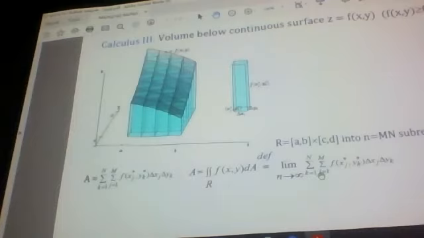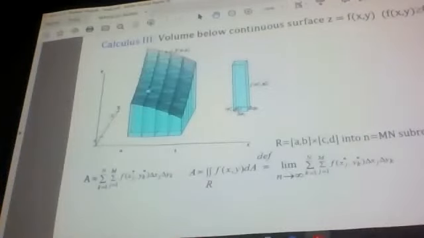No matter how you break up the partition, as long as the width in both the x and y direction is going to 0 as the number of rectangles goes to infinity, you get the same number for continuous functions and almost continuous functions. Some other ones, they can break into pieces, for instance. Since that's a significant quantity, you get the same number no matter what, and you can circumscribe and inscribe and get the same number. We ought to call that the volume below the surface, just because it's the limit coming from above and below, regardless.